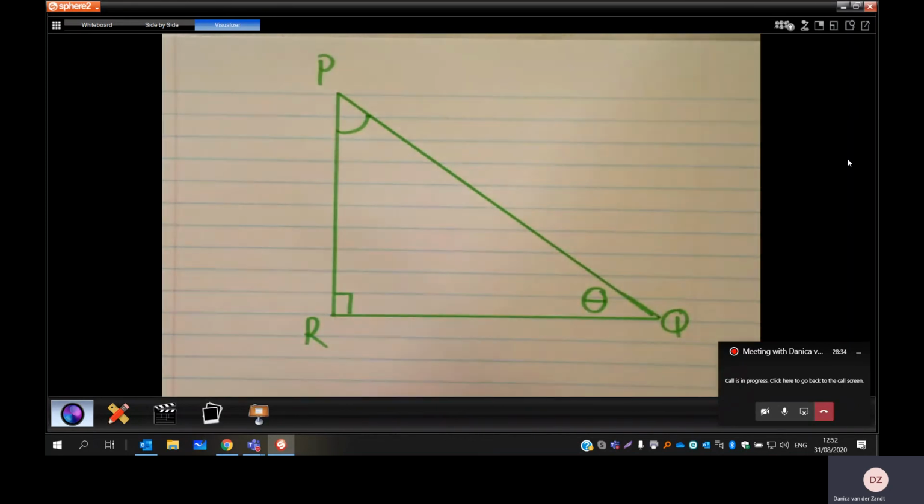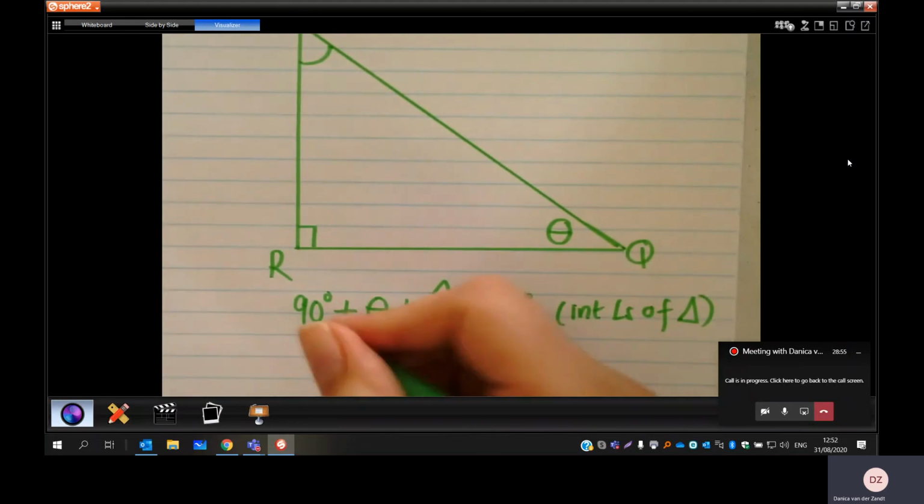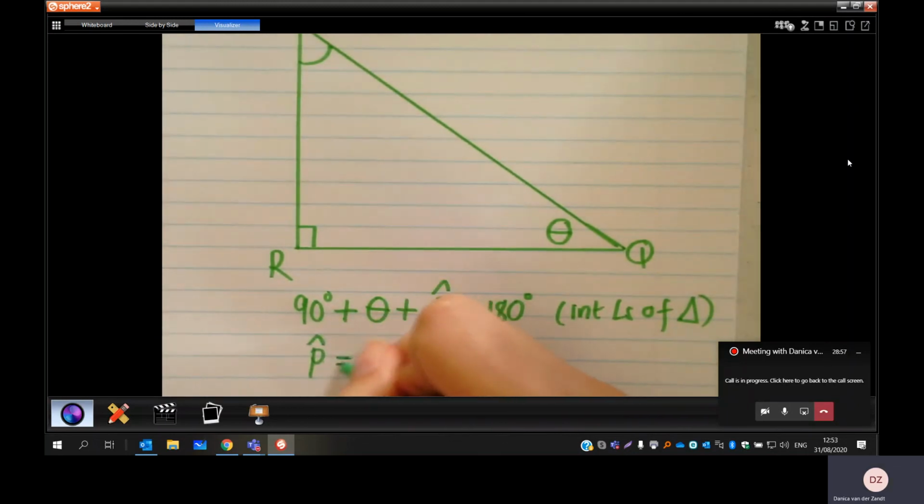So I know that 90 degrees, let's write it there, plus theta plus RPQ, or let's just call it angle P, is equal to 180 degrees, and that we know is the interior angles of a triangle. Now, if I want to find a new name for P, what would I do?